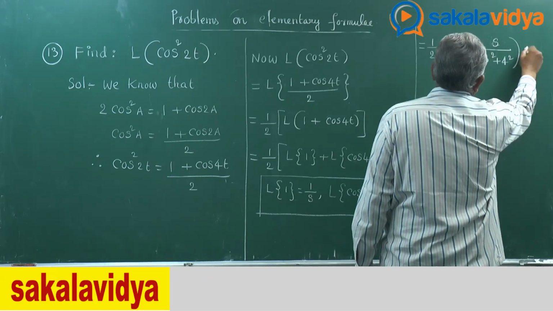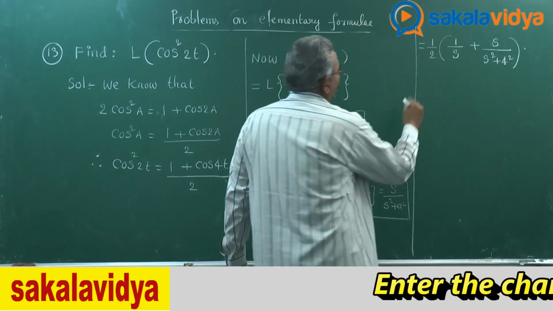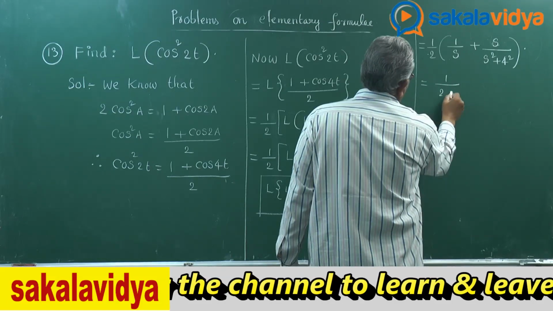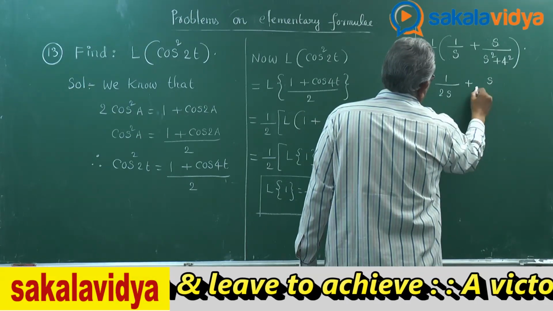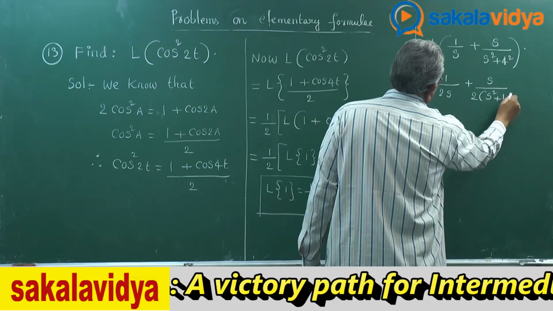Now we need to simplify. That is 1 by 2s plus 1 by 2 multiplied by s divided by s square plus 16.